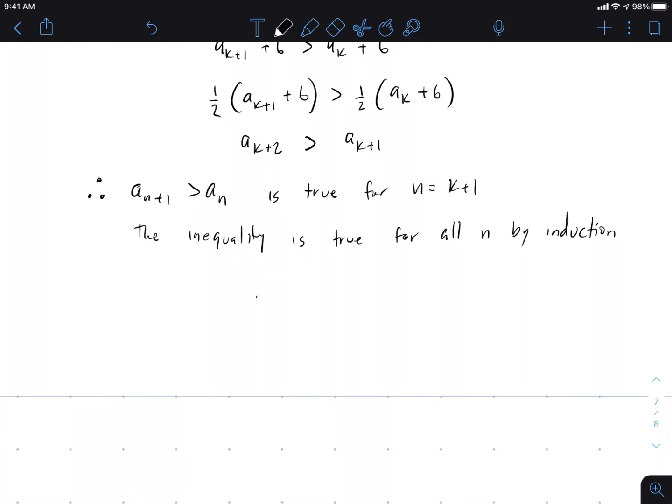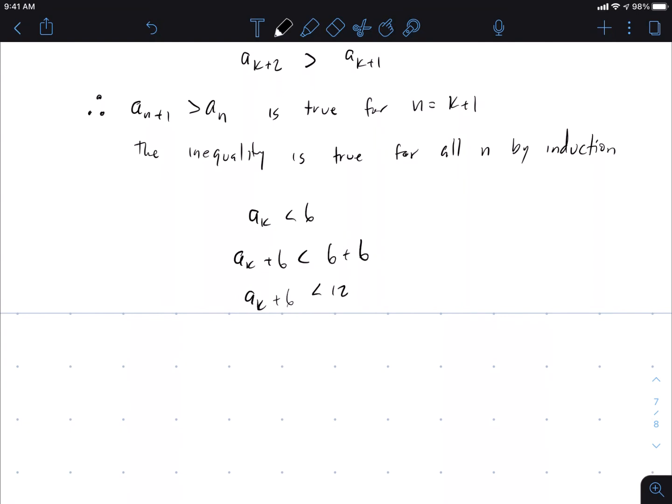So what I want to show you is this. We can say that if a sub k is less than 6, then a sub k plus 6 should be less than 6 plus 6, which would be a sub k plus 6 is less than 12, correct? And then if we take 1/2 of a sub k plus 6, we're going to get 1/2 of 12, right?